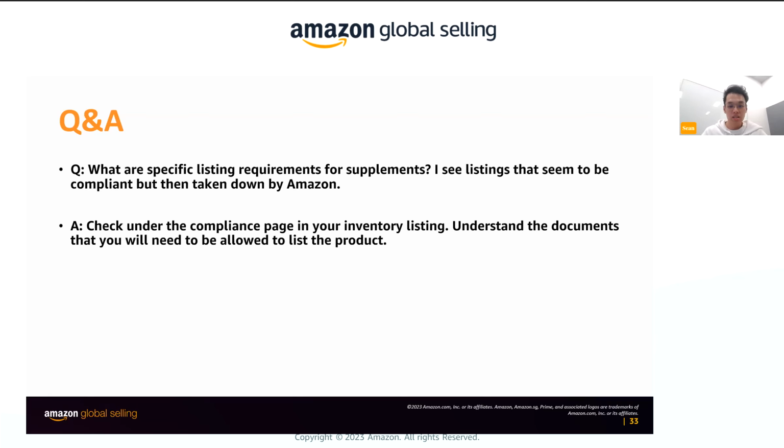Today your product can be safe and everything is okay, but maybe next month the US FDA says we need more compliance documents for a certain product, so your listing will get taken down. As such, for sellers selling supplements and health products, always double check the compliance documents on a regular basis to see the most updated documents you will need to be able to list on Amazon.